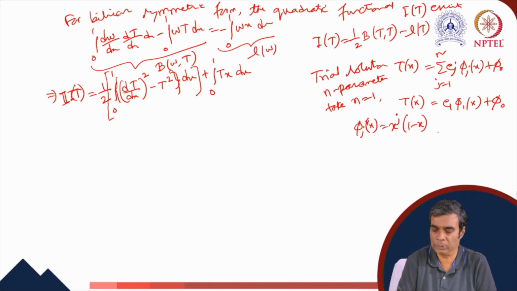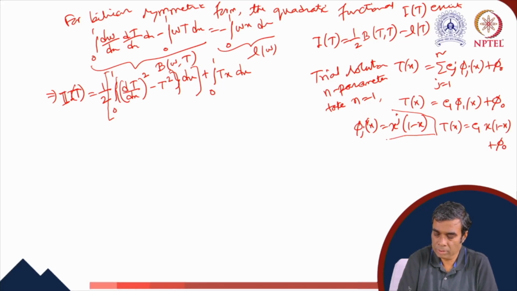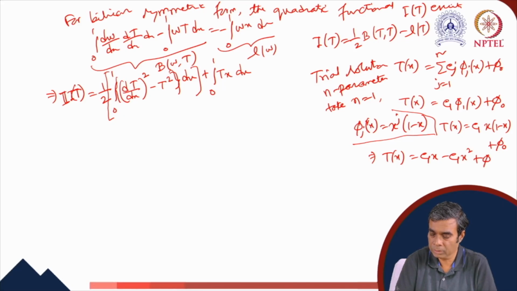This is just a possible choice. Using this, the trial solution equals C1 times x into (1 minus x) plus phi 0. So our T(x) is C1 x minus C1 x square plus phi 0.